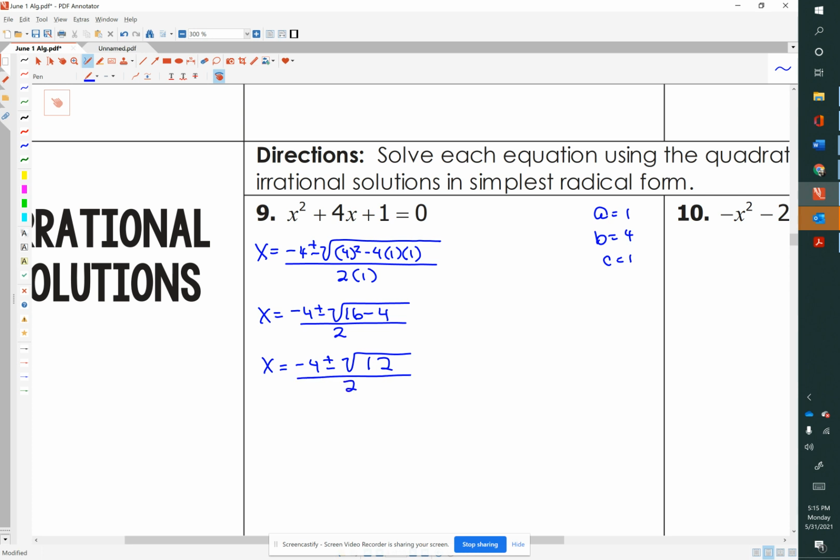Okay, you can't just divide that 12 in a radical by 2. We need to evaluate. We can think of that square root of 12 as the square root of 4 times the square root of 3. Yeah, that's the way we're going to do it.